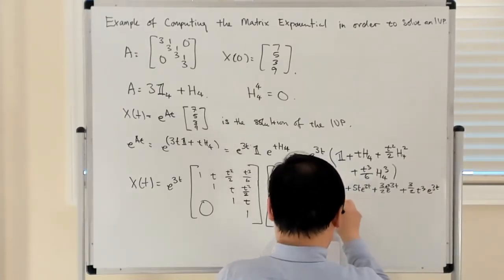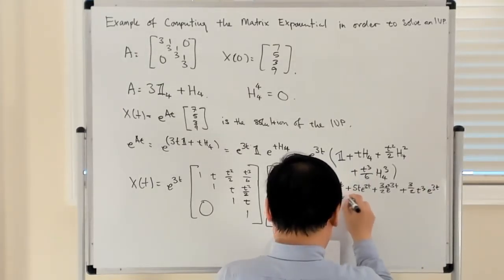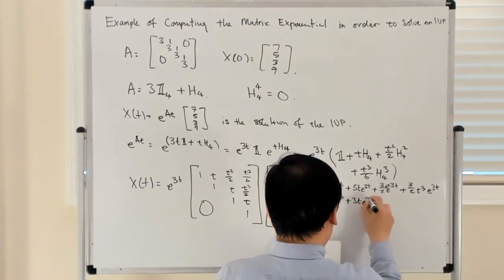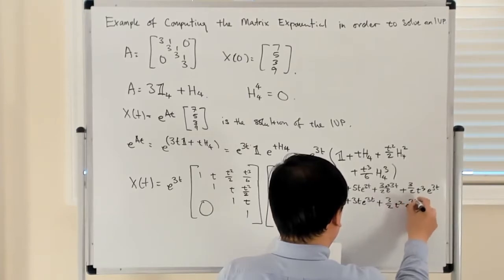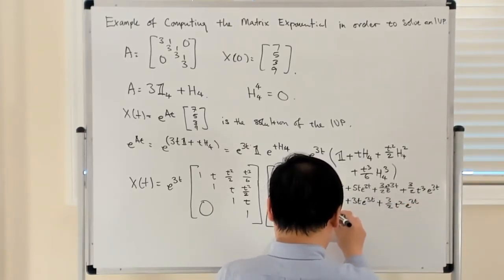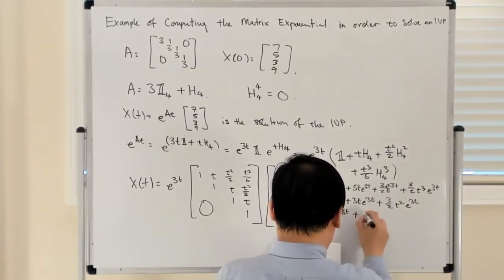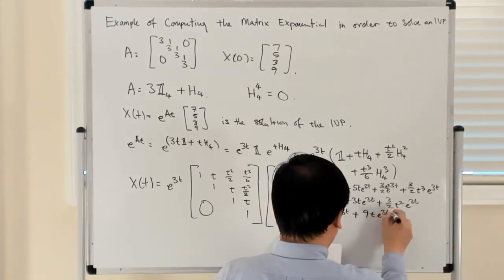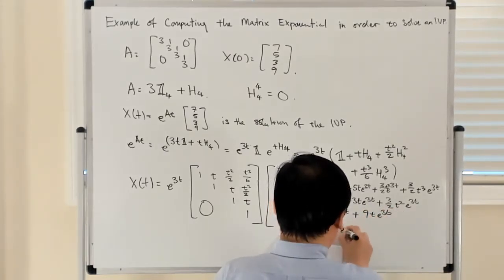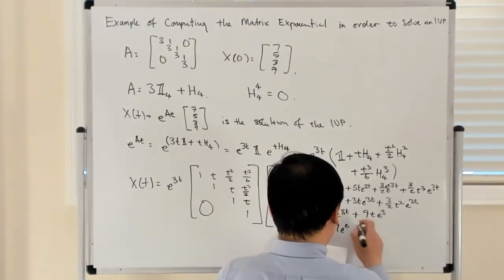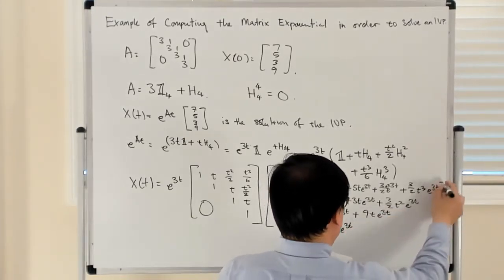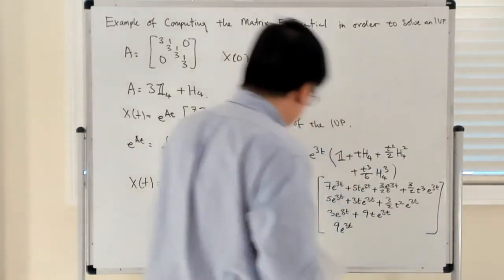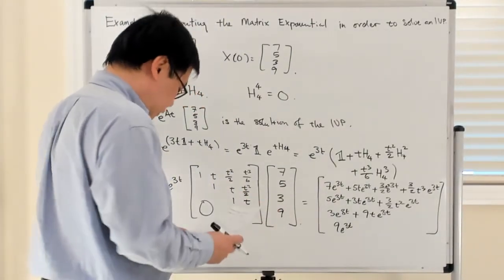And then this is 5 e to the 3t plus 3t e to the 3t plus 3 over 2 t squared e to the 3t. And then this is 3 e to the 3t plus 9t e to the 3t. And then there's a 9 e to the 3t here. All right, so that's what you get just by multiplying these entries out.